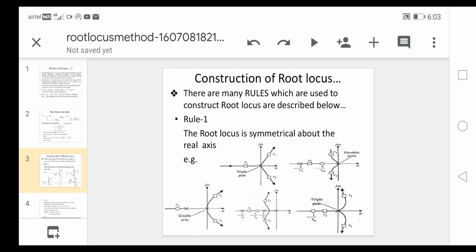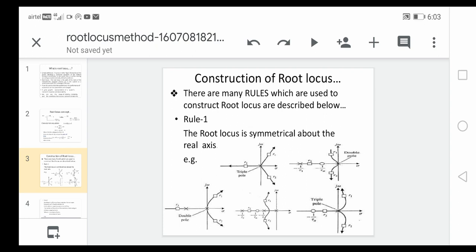For example, you consider a point, and then you check the right hand side of that particular point. If there are three poles or zeros, a combination also we can consider, two poles and one zero, that means three, and three is an odd number, so that particular point will be present on the root locus.